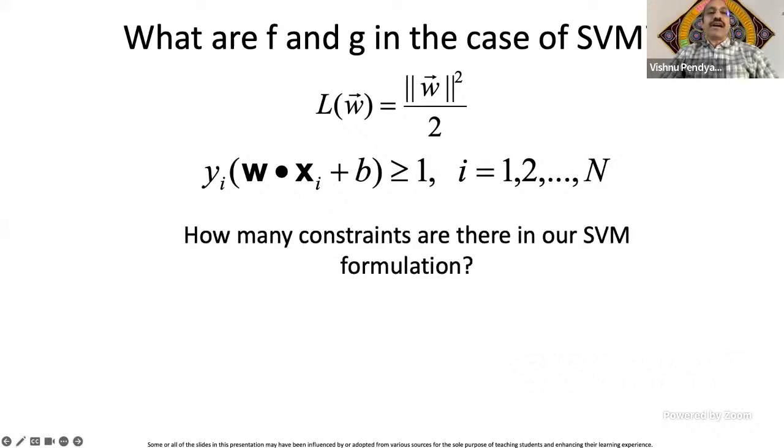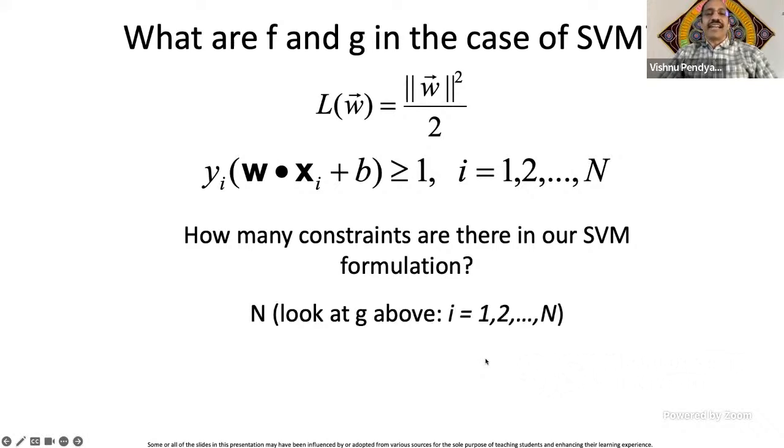Now the question is, how many constraints are there in our support vector machine formulation? Whenever these questions come, when you're watching the video, you can feel free to pause the video and think a little bit and answer. But for this presentation, I'm not going to wait for the answers in the interest of time. So how many constraints are there in our support vector formulation?